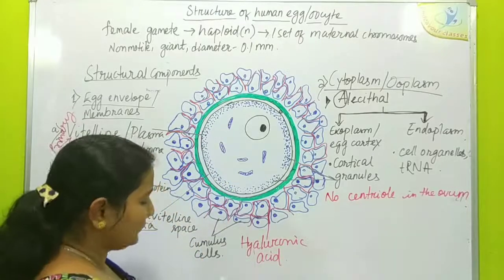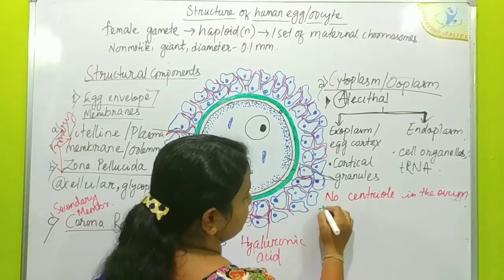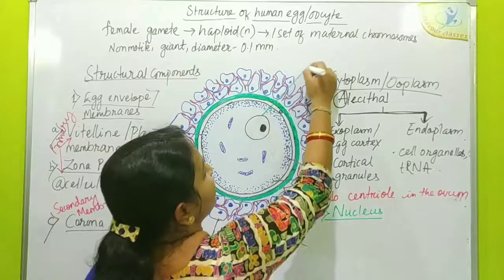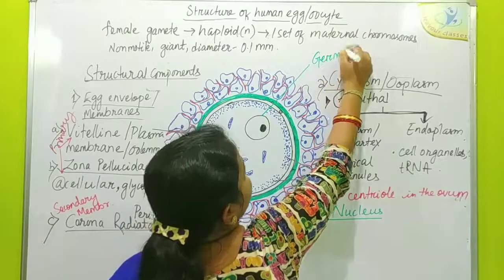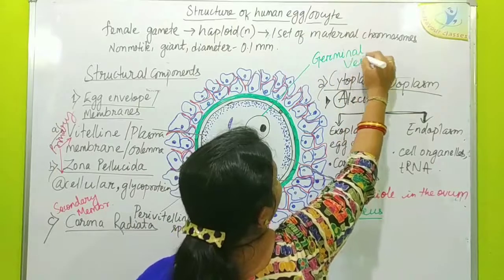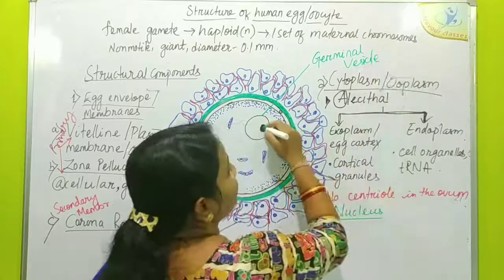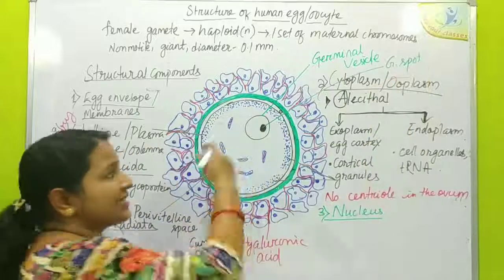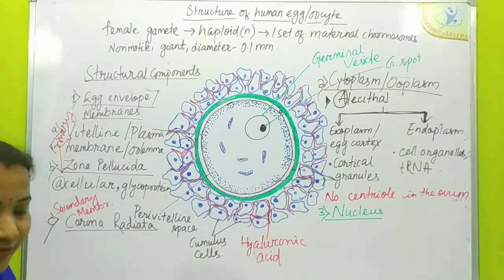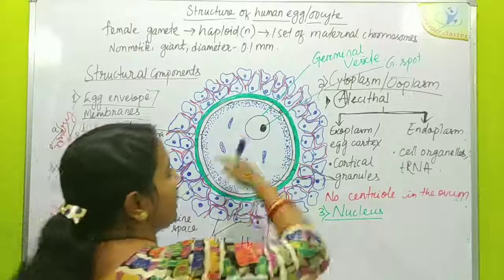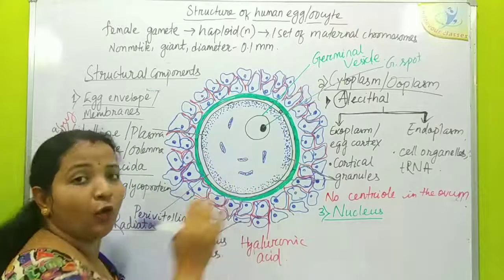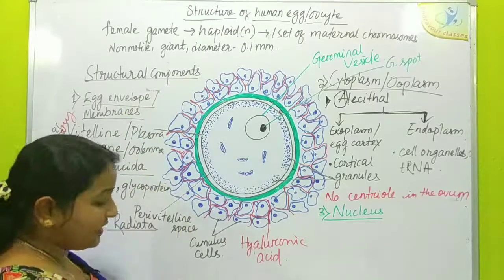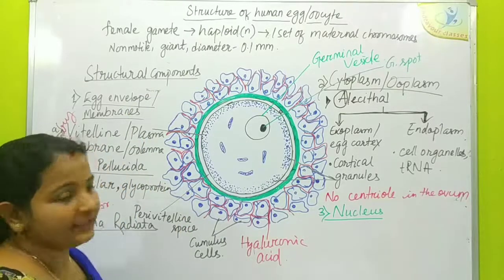Next, the nucleus. This is the nucleus, which is called the germinal vesicle, and the nucleolus is called the germinal spot. It is eccentrically placed, that means it is away from the center, towards one pole of the egg. So here there are two poles, that means eggs show polarity.